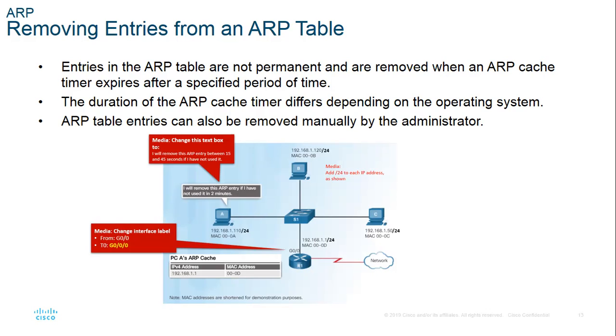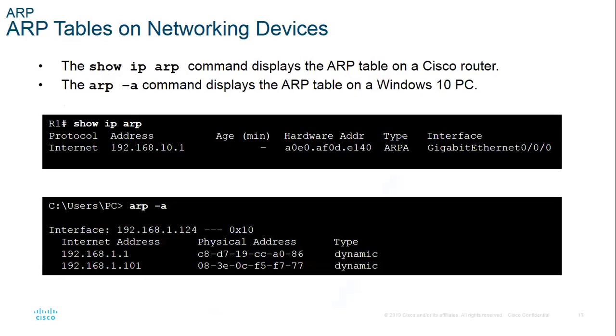The timer of the ARP cache differs from one operating system to another, but it can also be removed manually by the administrator, and it can be configured statically to have a permanent entry within the ARP table.